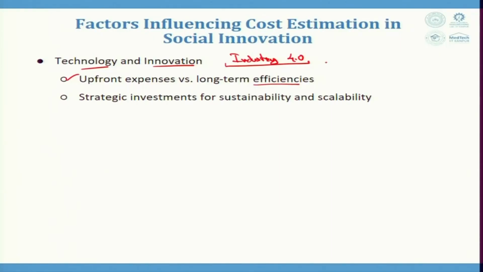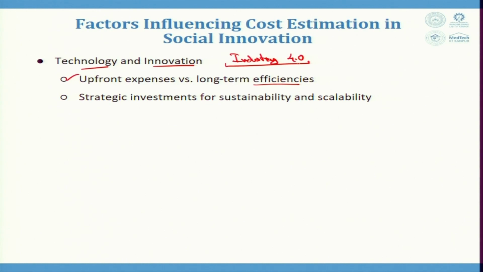Now, upfront expenses and long term efficiencies, the way that technology is changing, the way even social websites are changing, every 6 months the previous technology is outdated. So, long term efficiencies using cloud computing, using storage of data on the cloud, using the retrieval of data at any point, any place, that is very important.